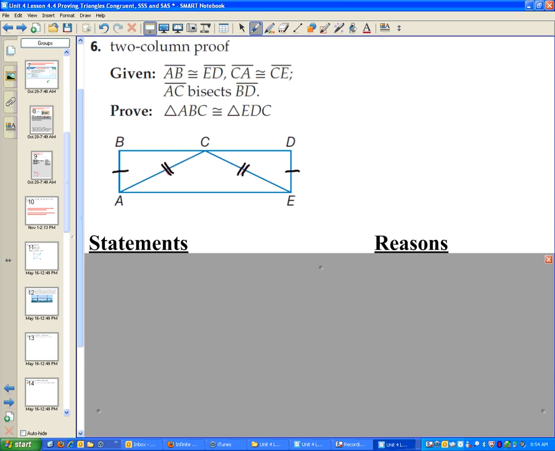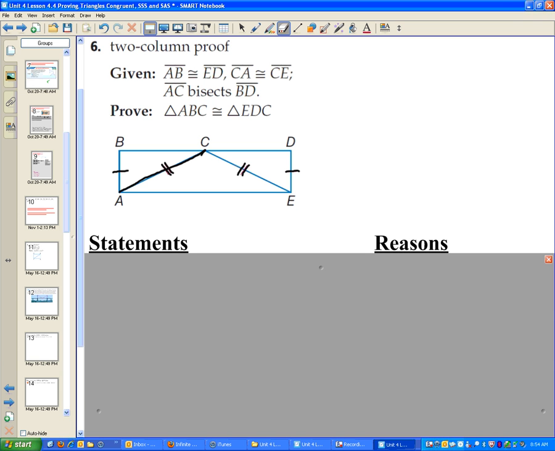Now, what happens to a segment when it gets bisected? Well, if it's a perpendicular bisector, it's a right angle, but it definitely gets cut in half. So segment AC right there, well, I guess the segment stops at C, doesn't it? Segment AC bisects segment BD.